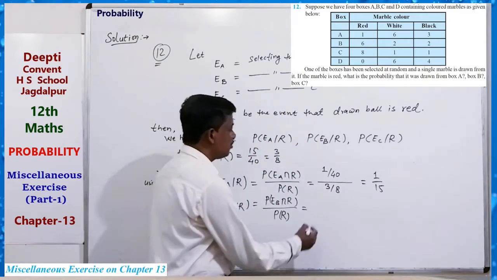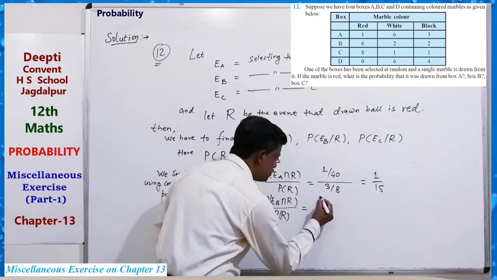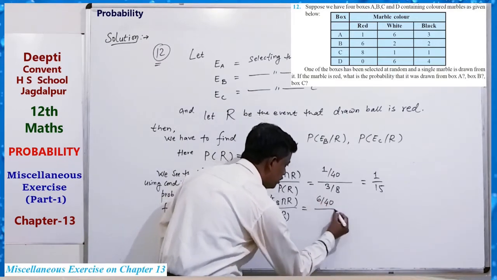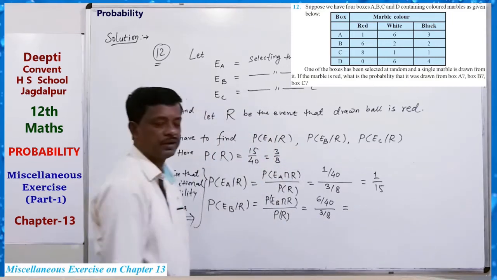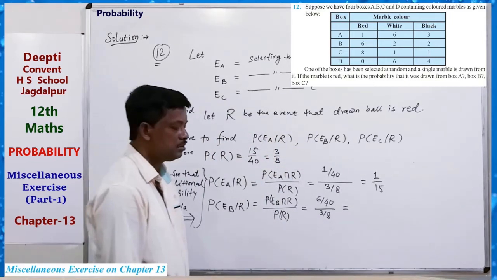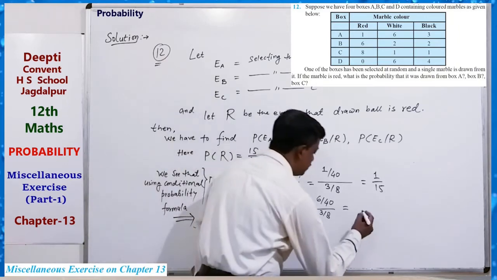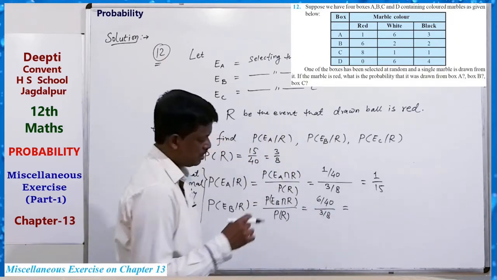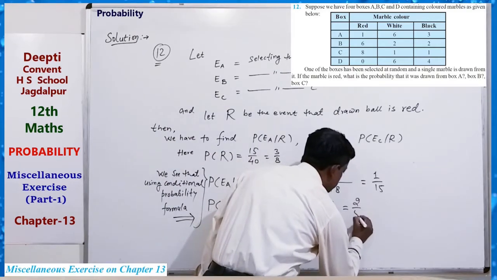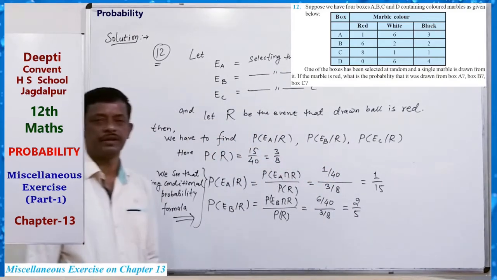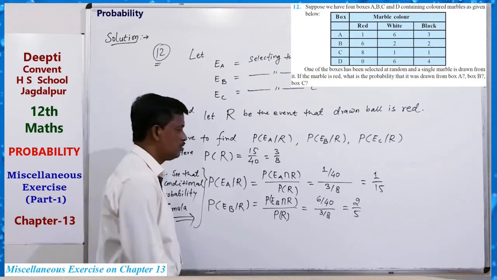So 6 by 40 upon 3 by 8. So that gives 2 by 5. Okay, 6 by 40, 3 by 8, 2 by 5.